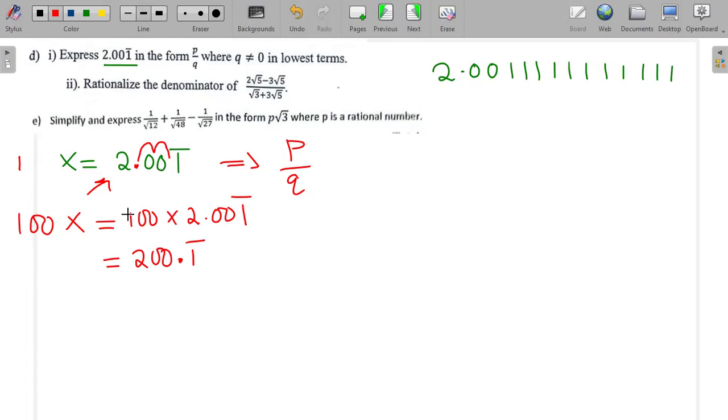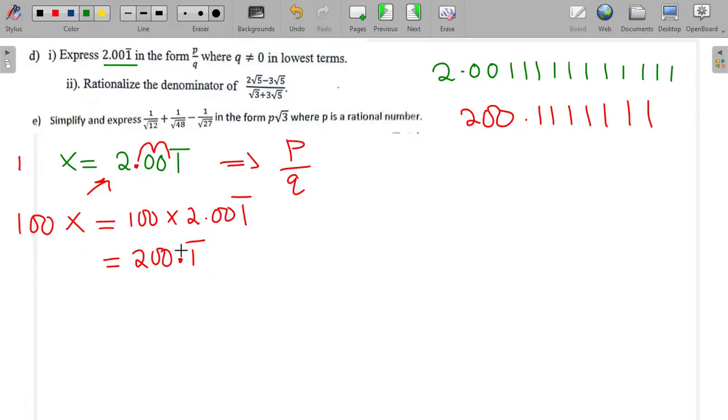So this is the first number. Then I get the second number. This part is the same as 200.111111, so I want to move the decimal place one more time so that I have the repeating part immediately after the decimal point.